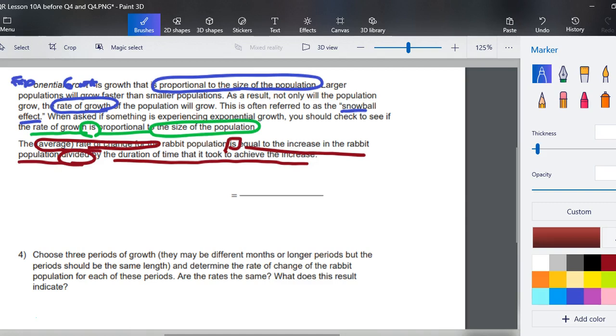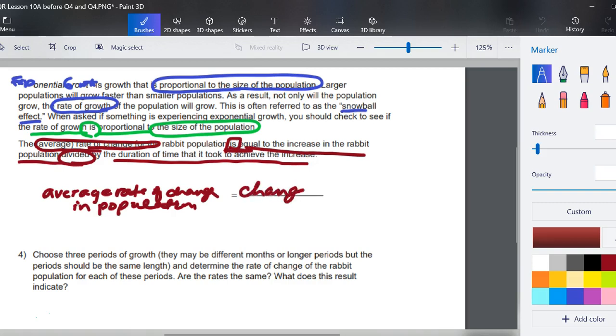And so on your paper, depending on which paper you have, you may or may not have this visible, but what that just said is that the average rate of change in population is equal to, right here, the increase in the rabbit population.